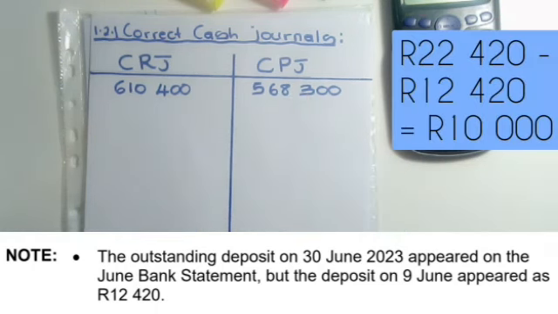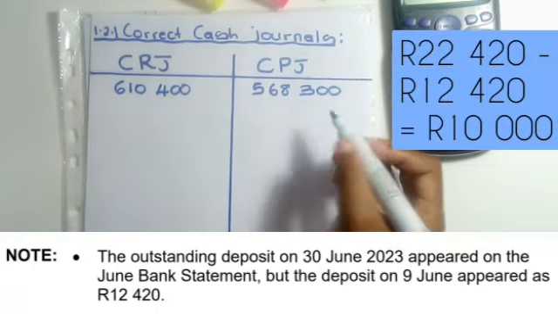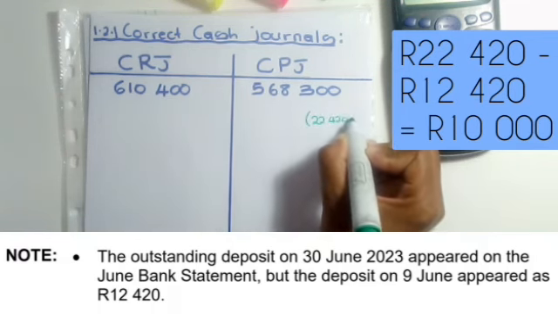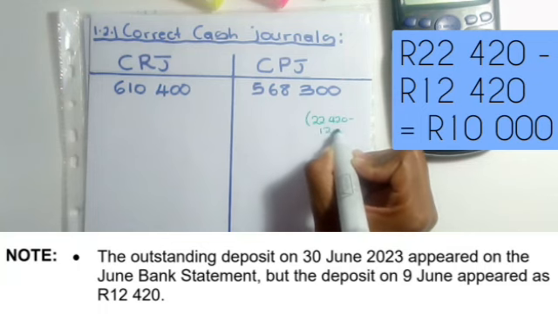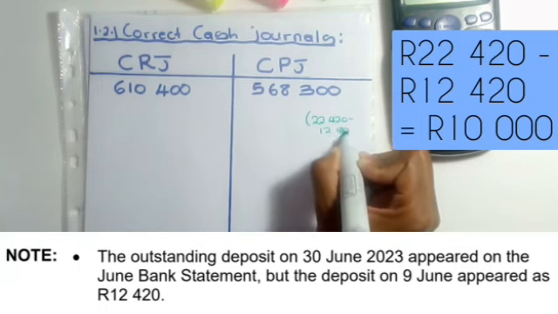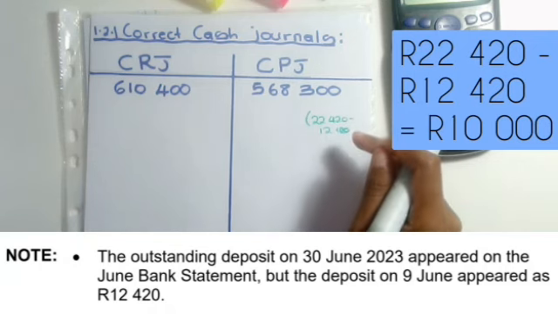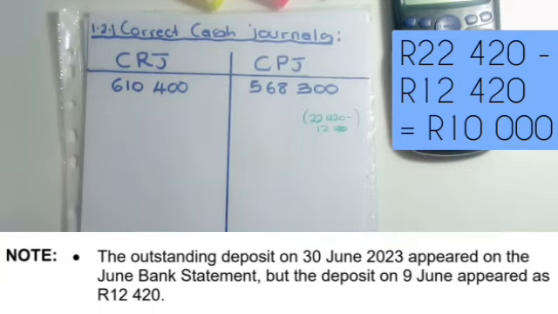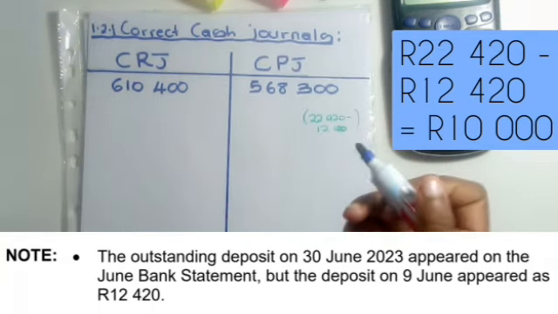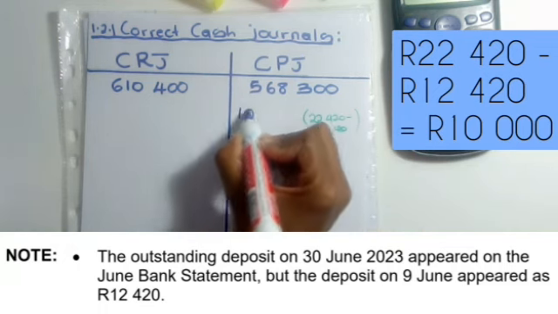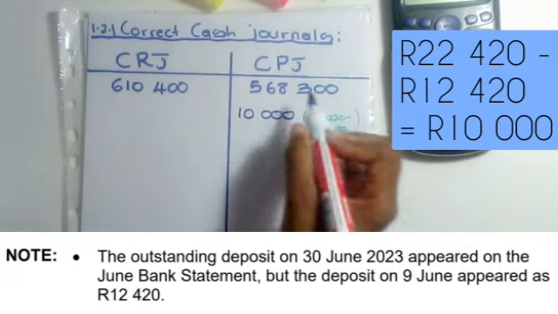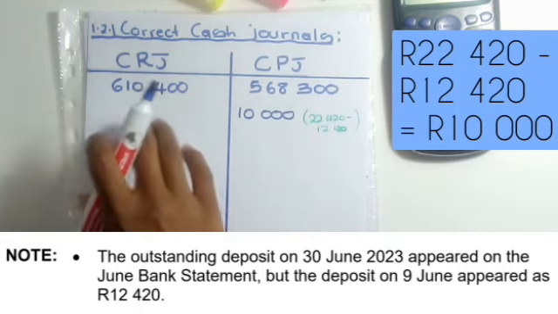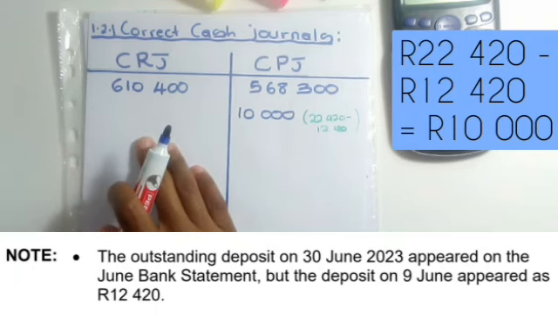So for this one, they are telling us that we recorded 22,420 when we were supposed to record 12,420. So you're going to take 22,420 minus 12,420, and it's going to give you the overstated amount of 10,000 rands, which you are going to record on the CPJ, because it says that our CRJ was overstated by 10,000.